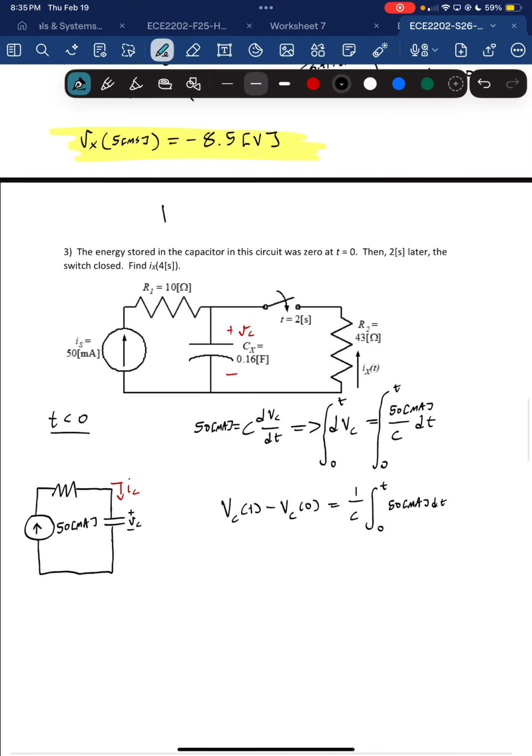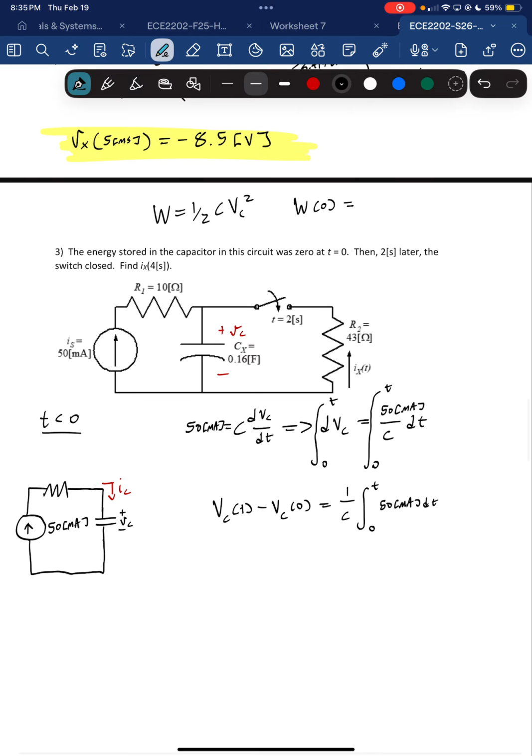Right, and that comes from this equation. If we were looking for the energy at t equals 0, which is also 0, right? Makes sense intuitively. No energy, no voltage.